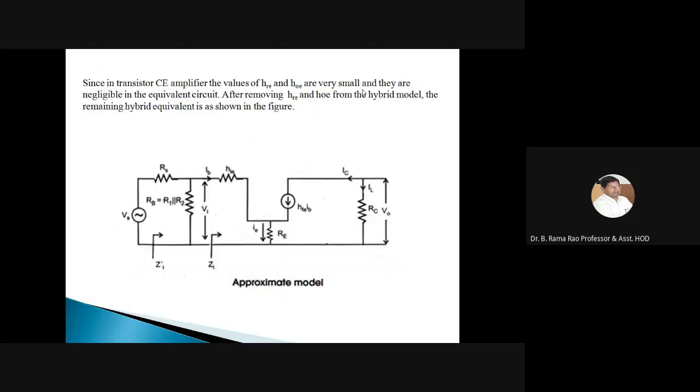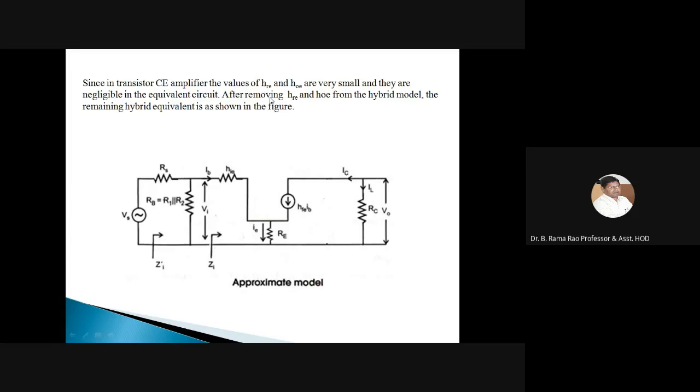Now, in a transistor CE amplifier, the values of hre and hoe are very small. In the approximate model we have considered that hre and hoe are very small and negligible.